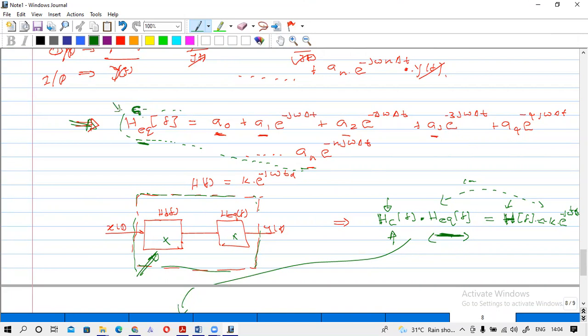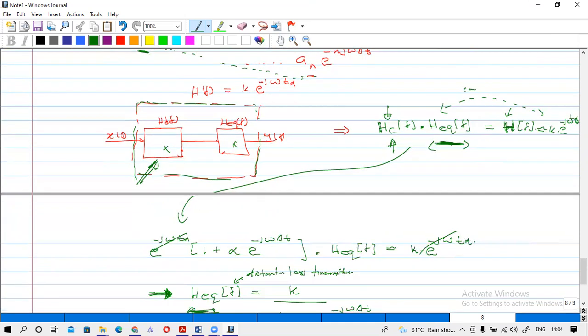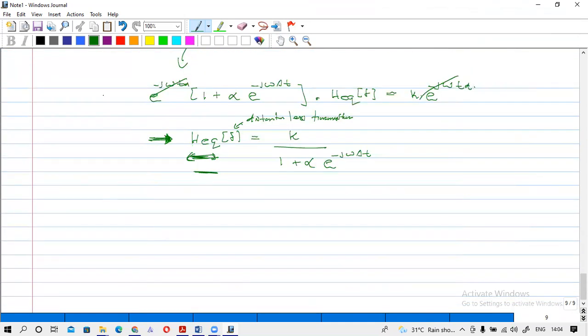That is H equalizer(f), our general transfer function, derived using the input and output relationship. And this is our distortionless transfer function. For distortionless transmission these two should be the same.